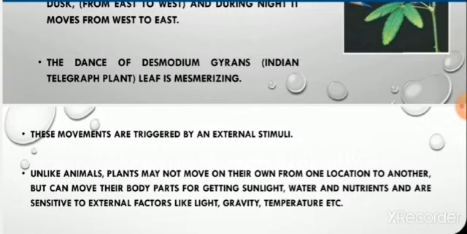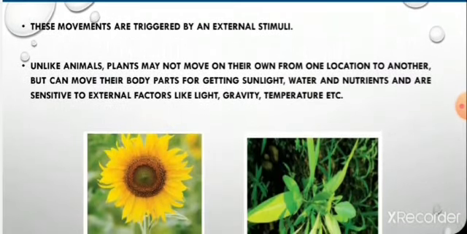So these swelling and shrinking of motor cells bring about this movement in Desmodium gyrans.